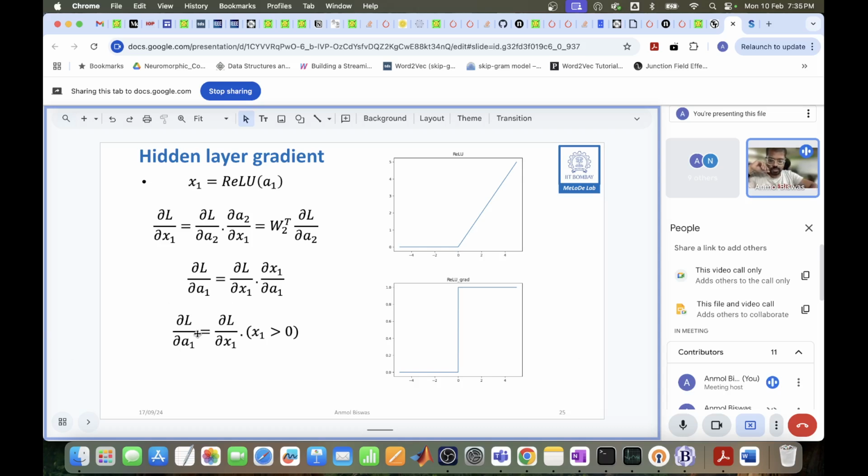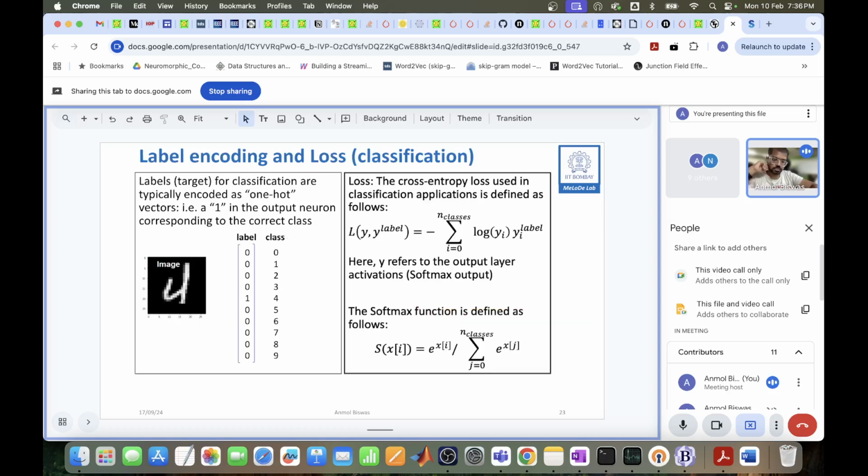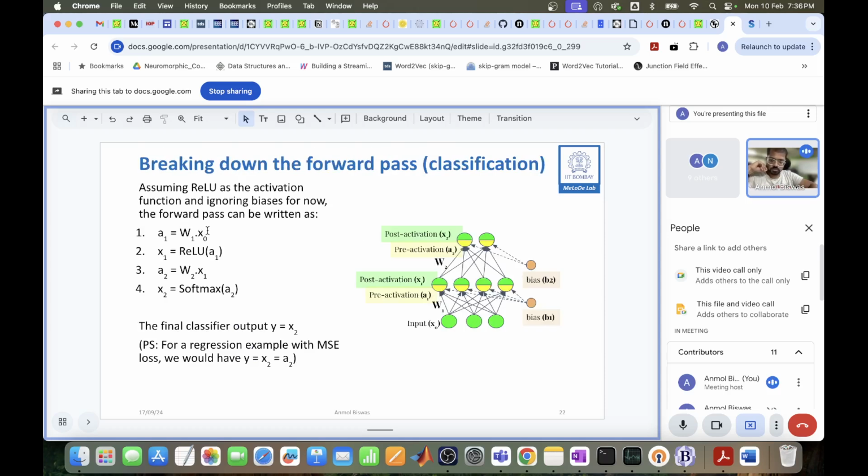So with this, you will have the gradient of L with respect to A1, and then for the update to W1, we just repeat this form, but with W1, A1 and X0 instead. So X0, A1 and W1 were involved in this equation.